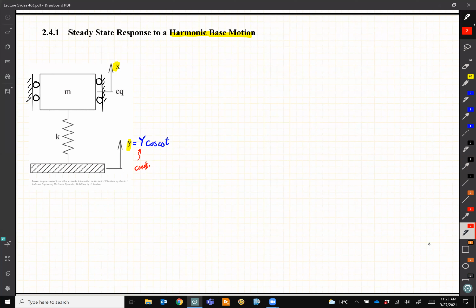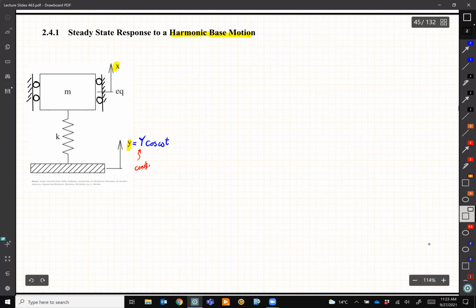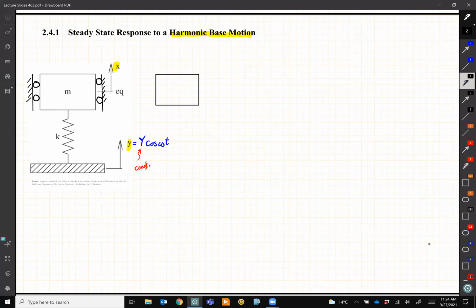Second, we draw the free body diagram. So let's quickly do that. So the free body diagram for me, I have the mass here. So I look at the spring. When this system was in a static mode, because of the weight, there are some pre-compression in the spring. So I don't show the weight, and I don't care about these static deflections, because I know eventually they are going to cancel out each other.